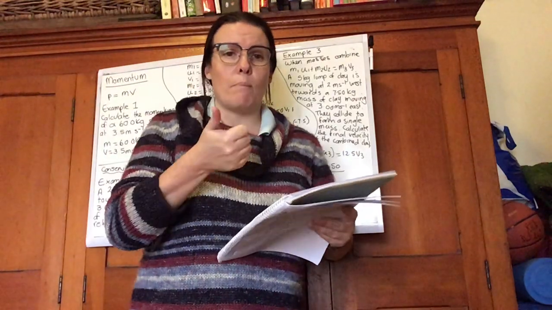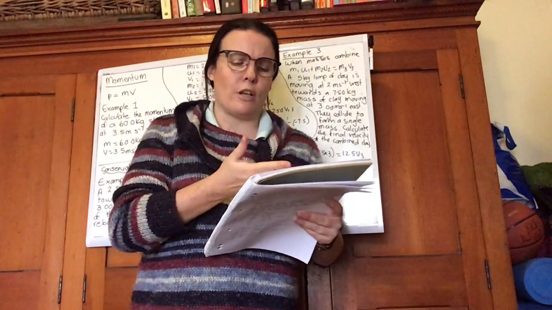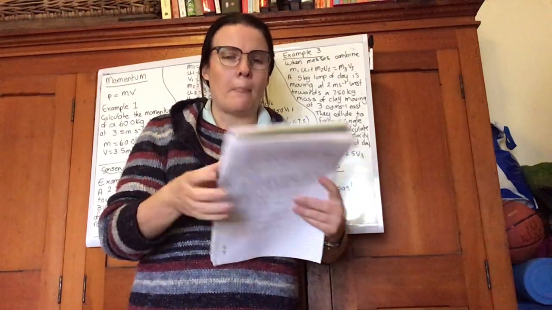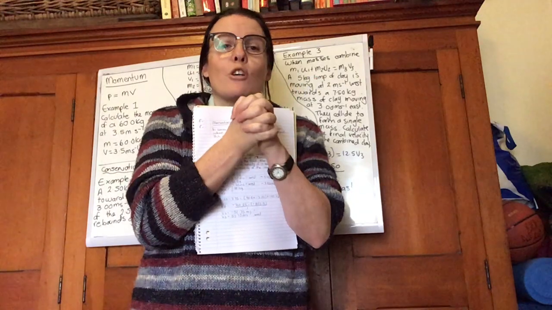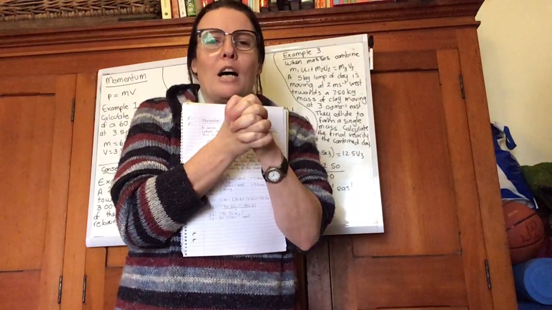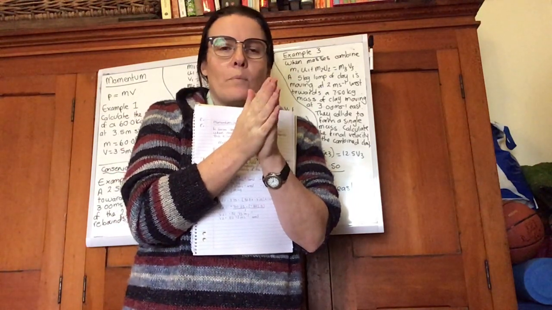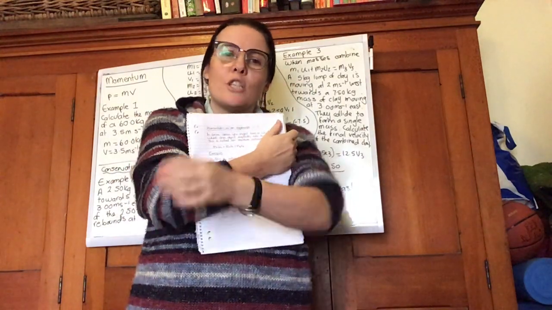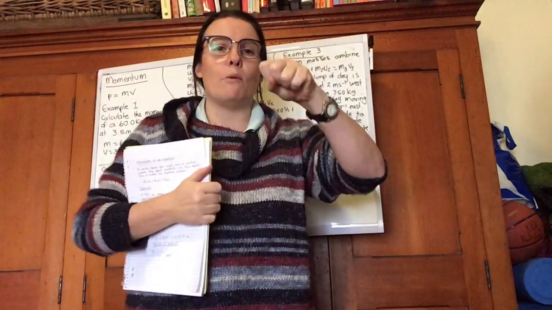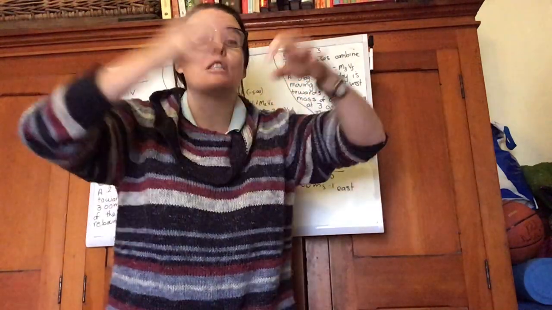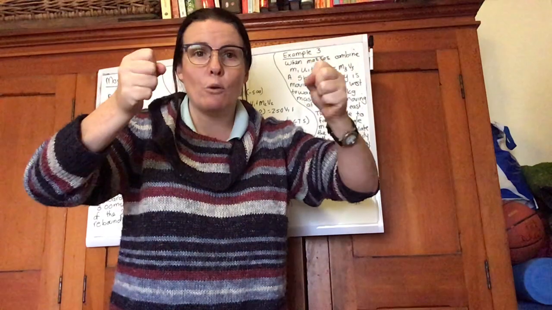So we have the mass of the first object and the initial velocity. We have the mass of the second object and the initial velocity. And then we have the mass of the combined and the velocity of the combined. Okay? So that's how we make a change in the formula. The other kind of question that you can get is where you might have one object and that object explodes and you end up with two objects.